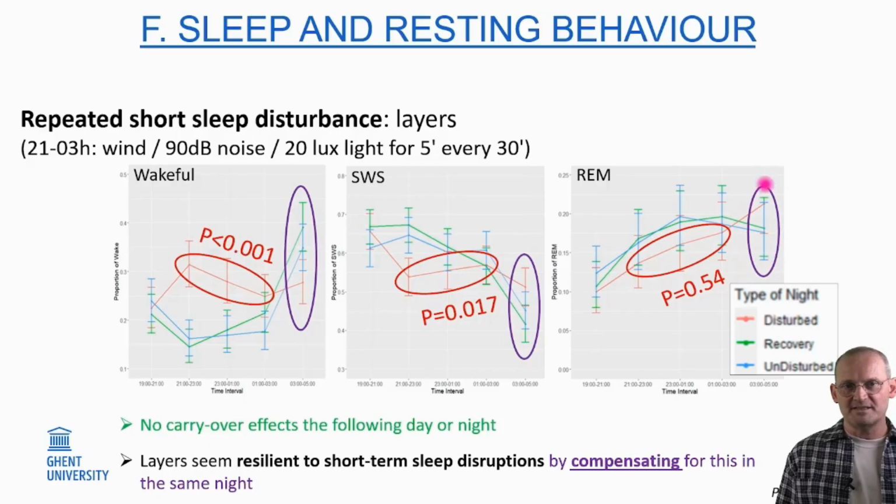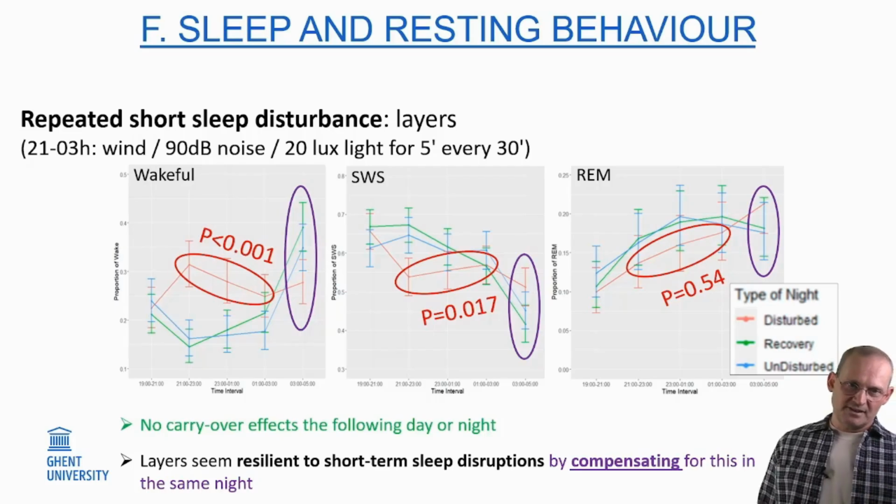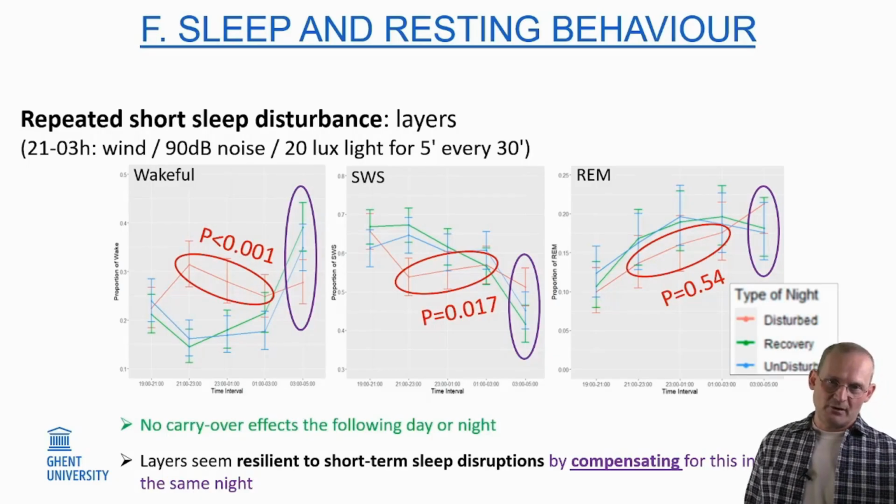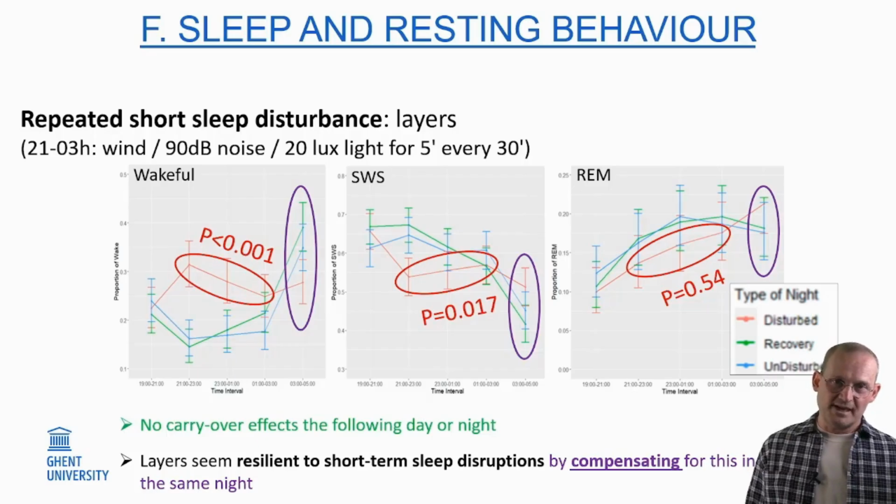They compensated during the same night with more REM sleep and more slow wave sleep and less wakefulness. So as long as they can recover from short-term disturbances during the same night, you will not see a carryover effect into the following night or day.